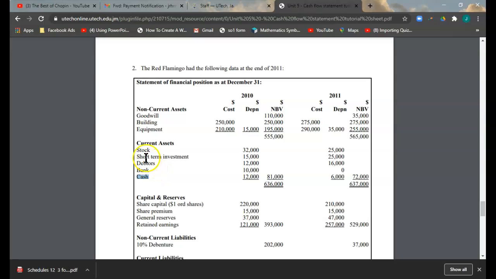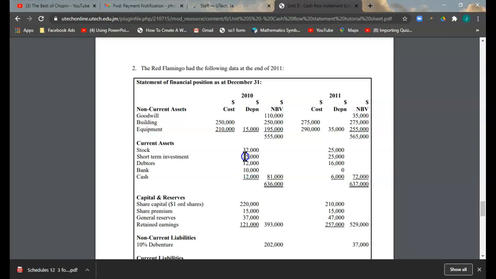So back to this. These figures here, the 15,000, the 10,000, and the 12,000, even though they belong to the statement of financial position at December 31st, 2010, they are also the same figures for January 1st, 2011, which is the starting date for the financial year 2011.